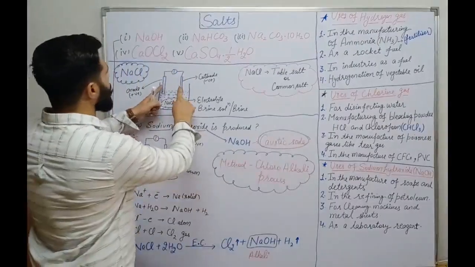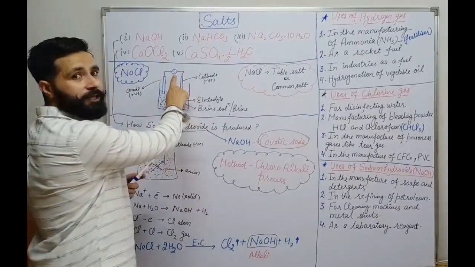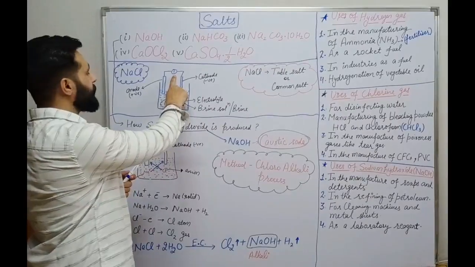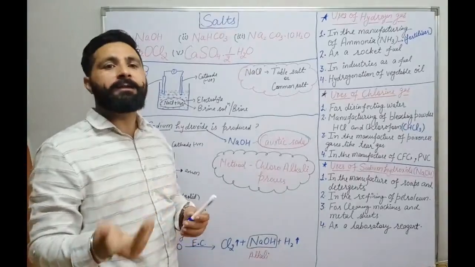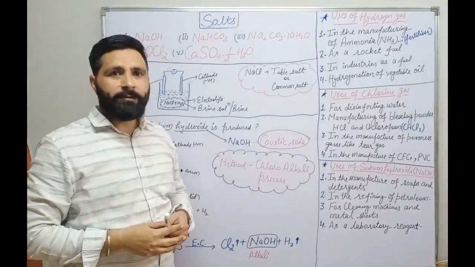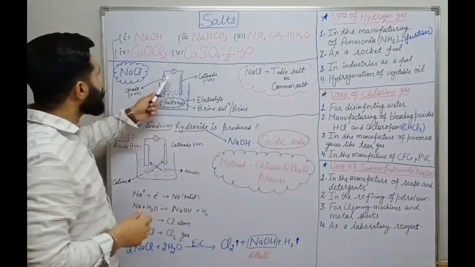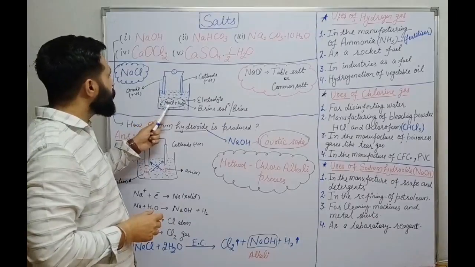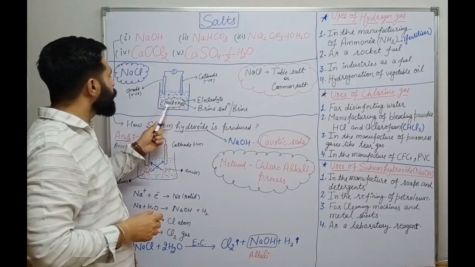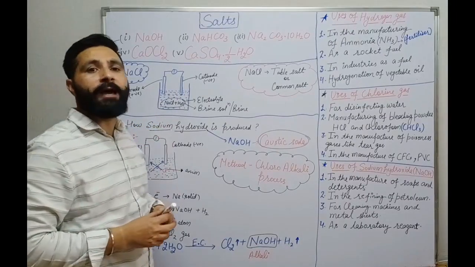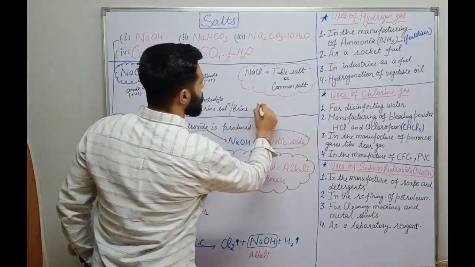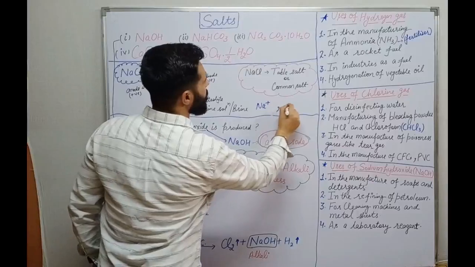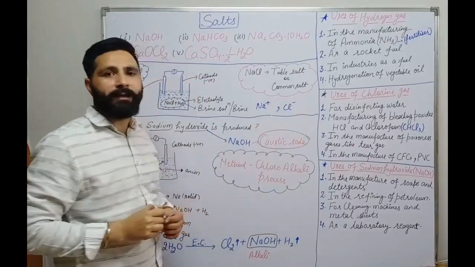So these two electrodes are connected to an external source of battery. This is water in which sodium chloride is dissolved. Clear? So when current is passed through it, sodium chloride splits into sodium ions and chloride ions. Sodium positive ions, Na plus, and chlorine negative ions.